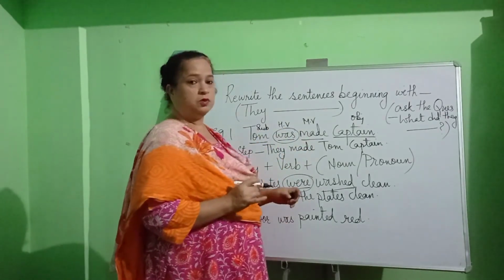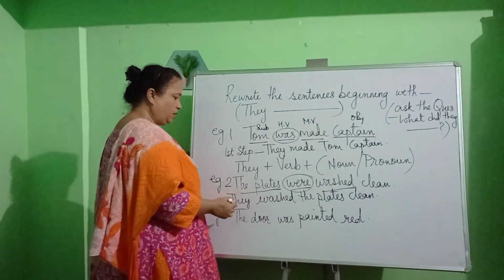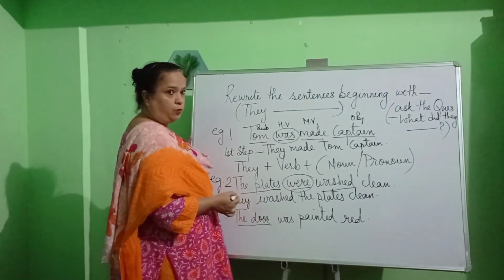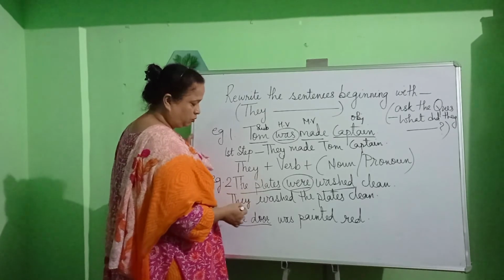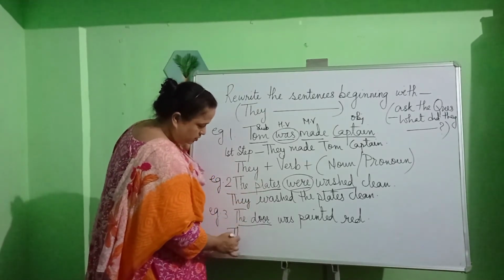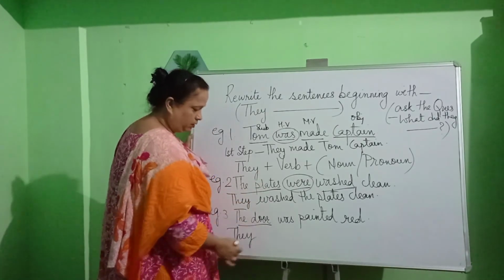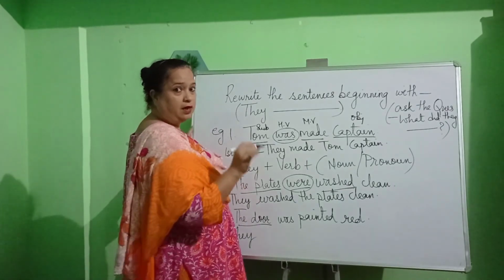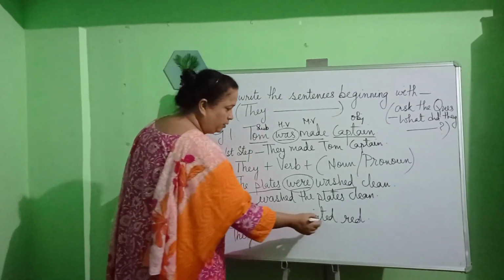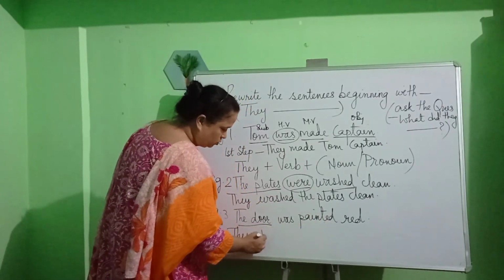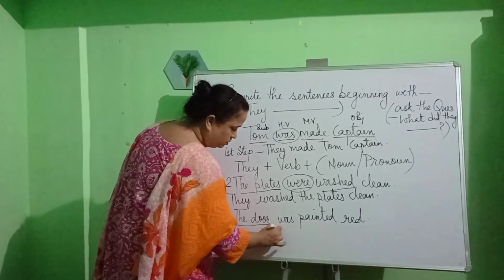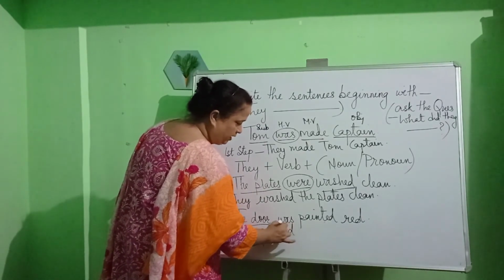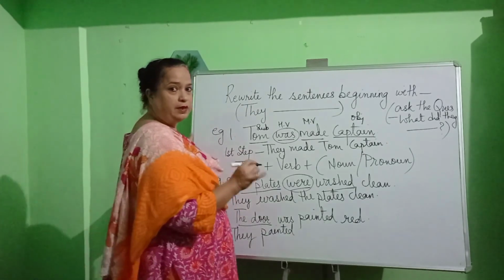Likewise, the door was painted red. Now, what are we talking about? We are talking about the door. We have to begin our answer using the word they. Now, what did they do? They painted. Okay? So, we'll write the answer. They painted. If I ask the question, what did they paint?